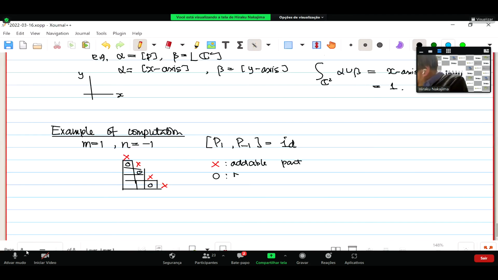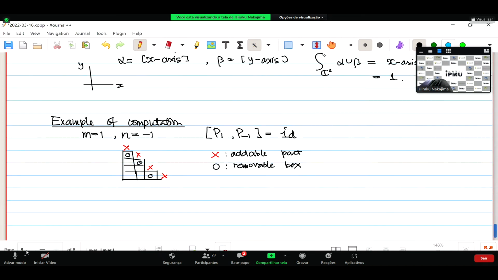Okay, I hope you see my screen. So in general, if you consider a Young diagram, you can consider addable parts and removable boxes. And like illustrated in this example, the number of addable parts is always one larger than the number of removable boxes. So this is one combinatorial fact.